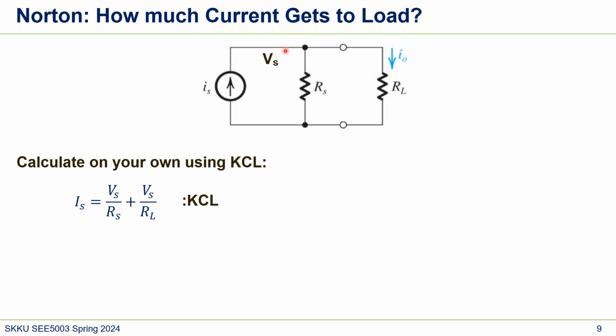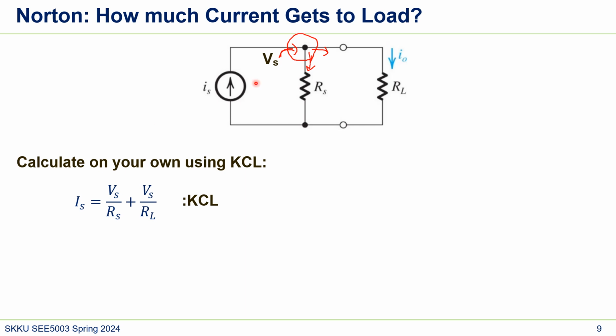So assuming that this node voltage is Vs, KCL means that at a single node, the sum of the current outward and inward must be 0. For example, because Is is coming this way, when we look at this area, because current is coming in, we have to get the same amount of current out.